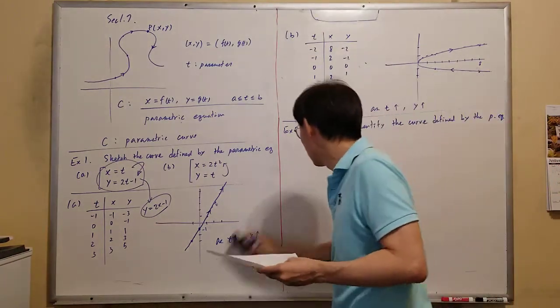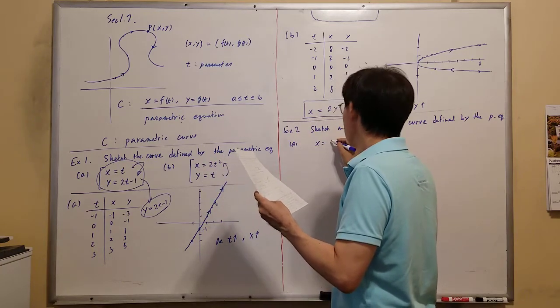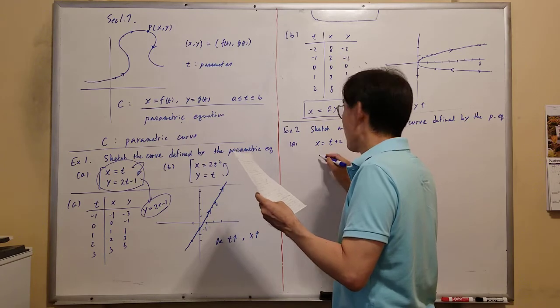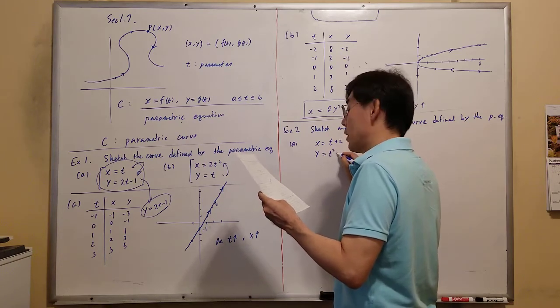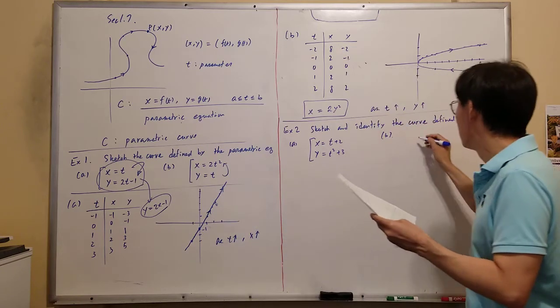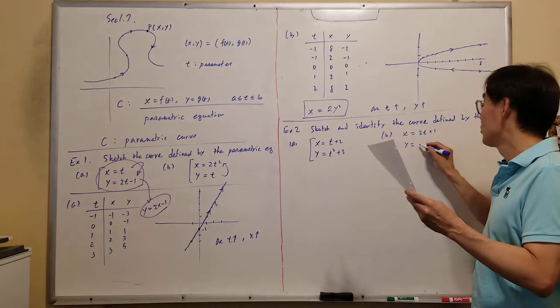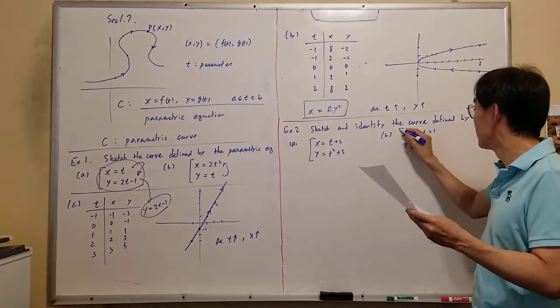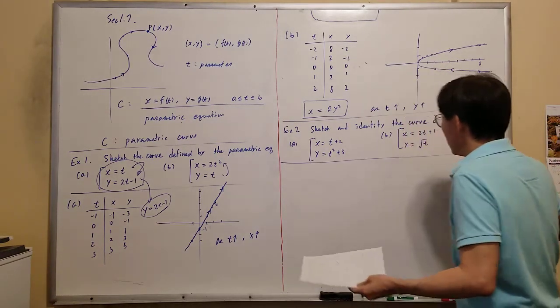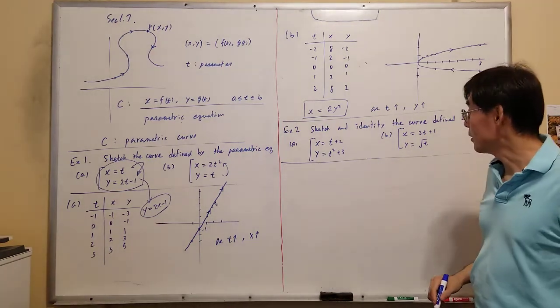Which parametric equation? A: x equals t plus 2, y equals t squared plus 3. B: x equals 2t plus 1, y equals square root of t. Okay. Sketch and identify the curve defined by this.